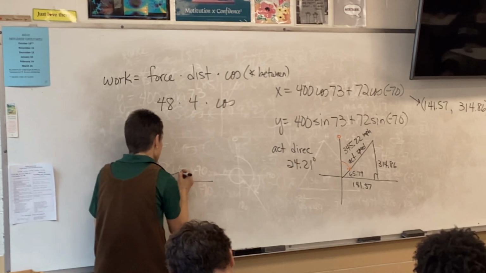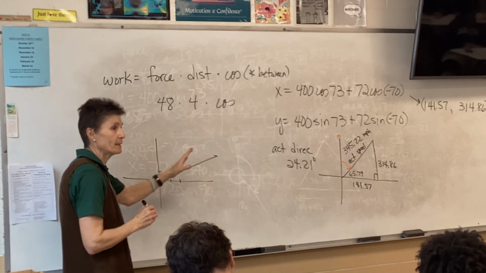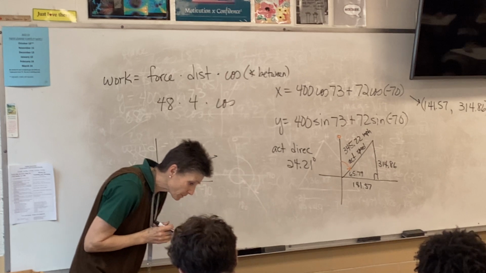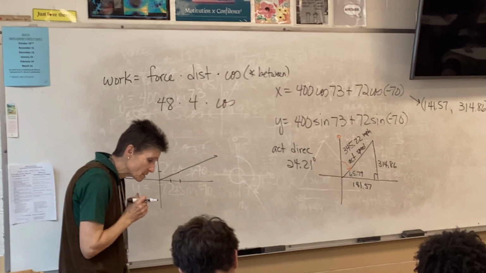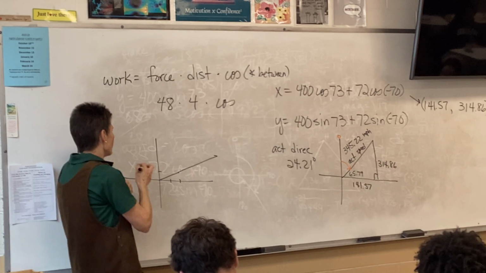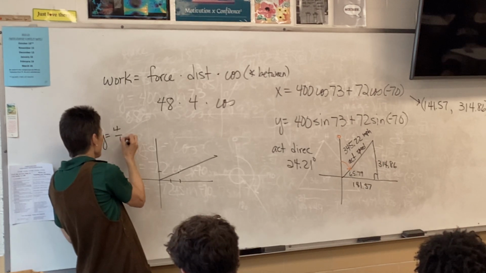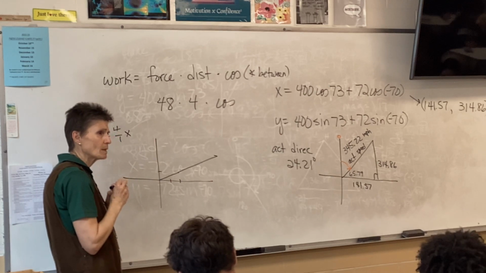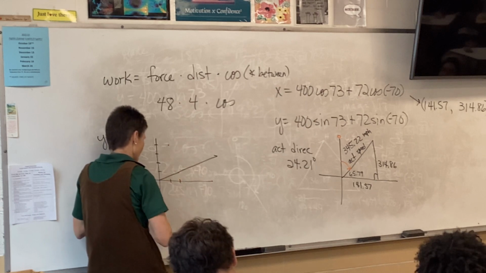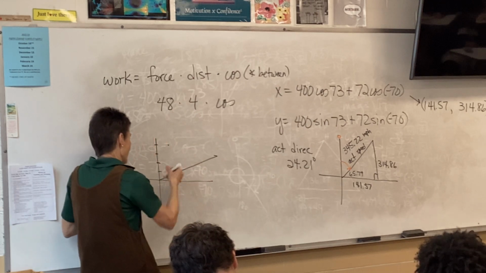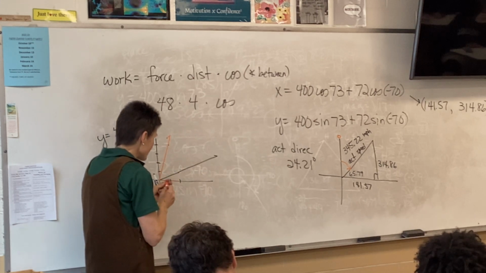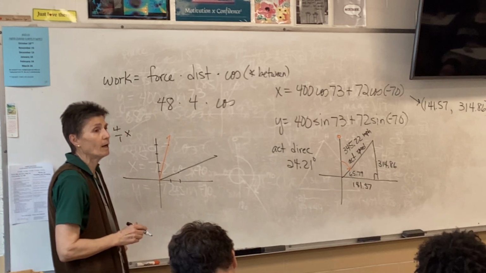So this is the direction of the force. But the movement is along the line y equals 4x, which has a slope of 4 over 1, which means it's going over 1 and up 4. So my black line is the direction of my force. The orange line is the direction of the movement.